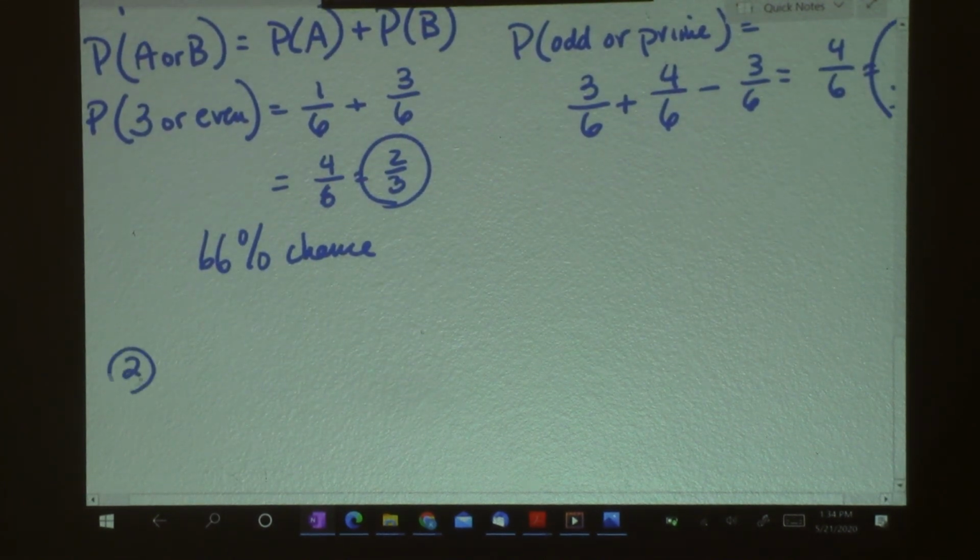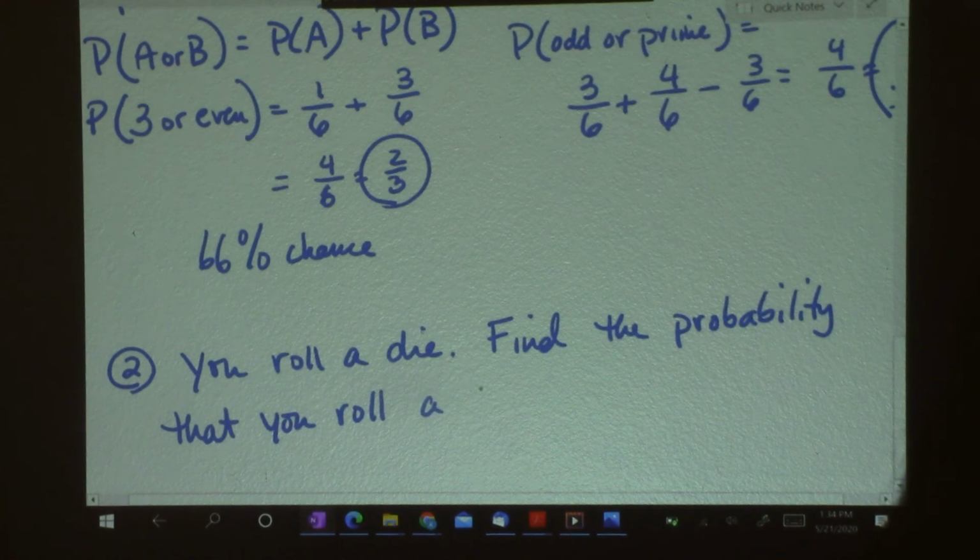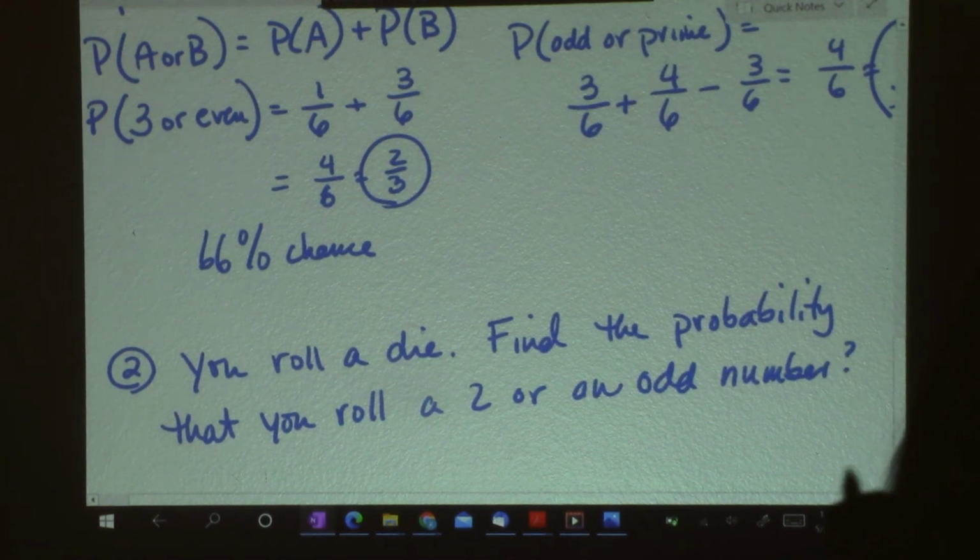Number 2. You roll a die. Find the probability that you roll a 2 or an odd number. Okay?